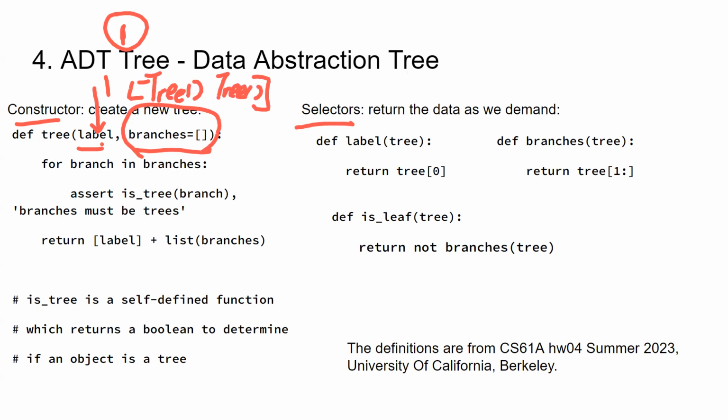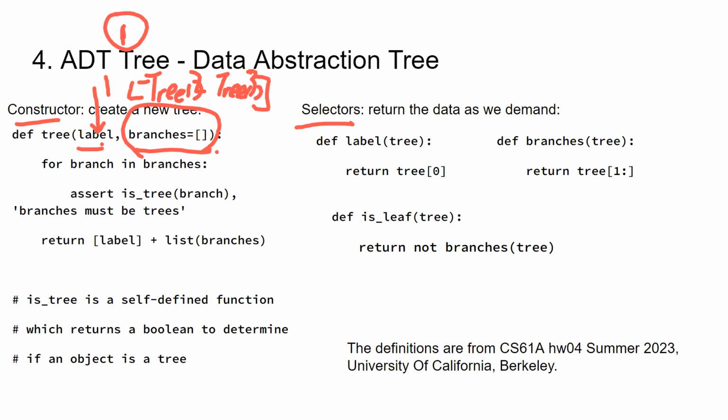You have to pass these into the tree so that you can create a new tree, using the subtrees and also the label. Suppose these are 2 leaves, tree 2 and tree 3. They are leaves because I do not pass in any branches inside, so they do not have branches.